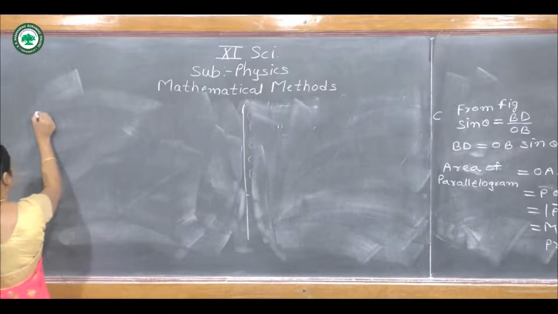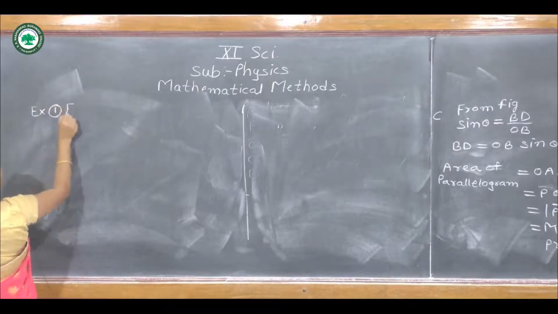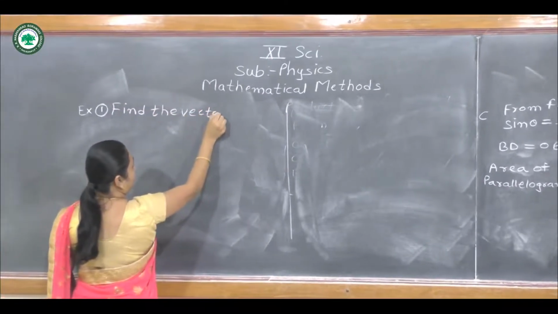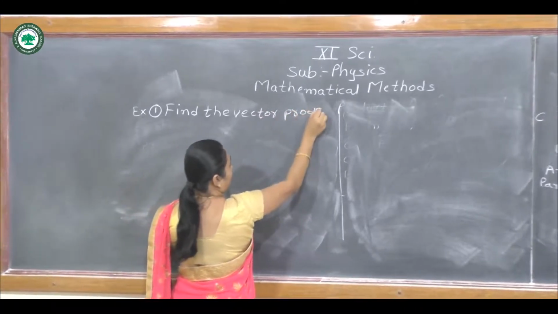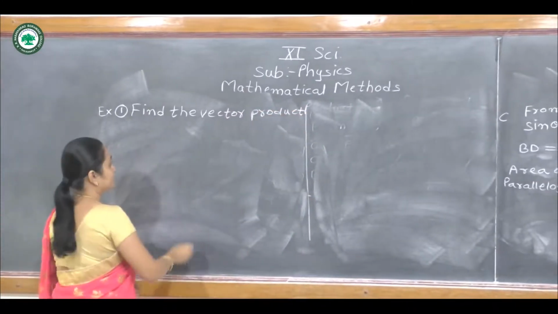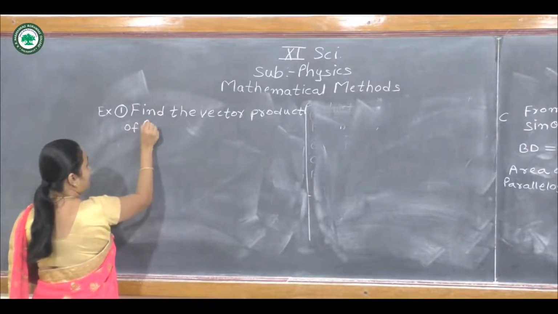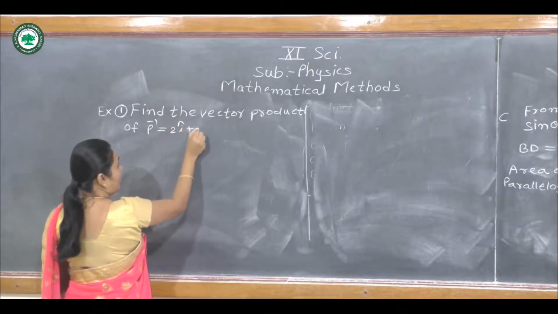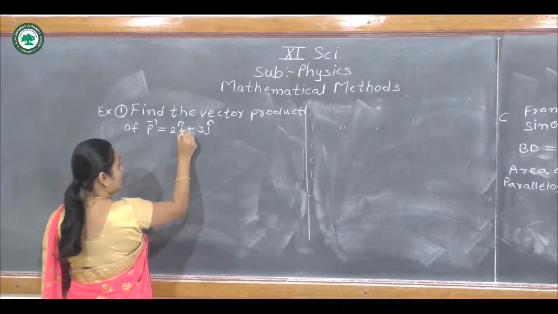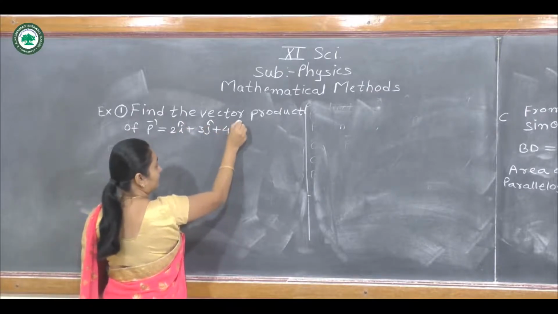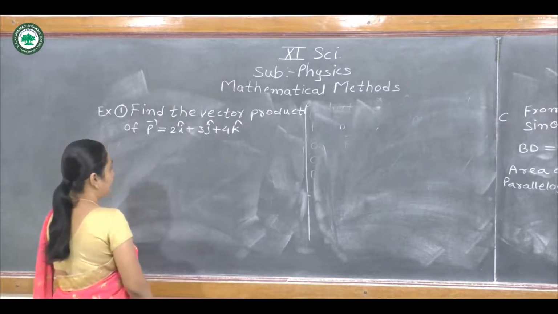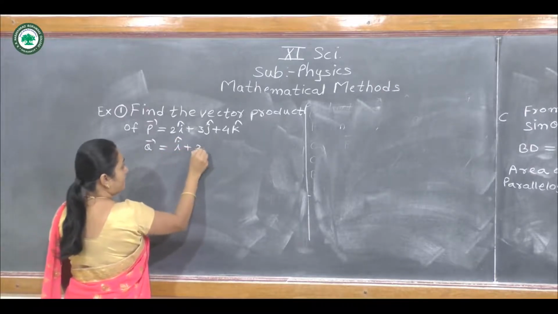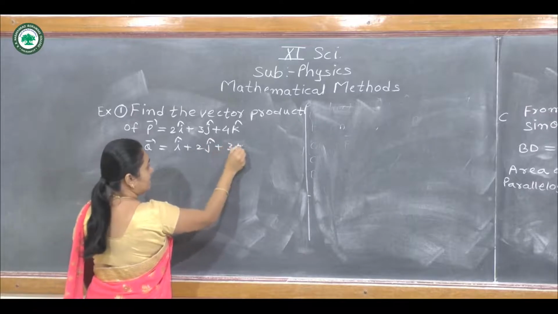Example: find the vector product of P bar equal to 2i plus 3j plus 4k and Q bar equal to i plus 2j plus 3k.